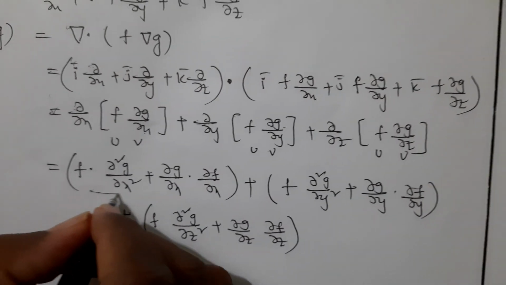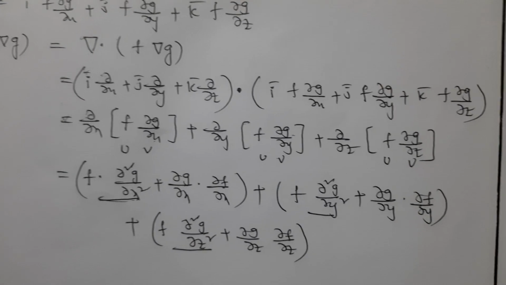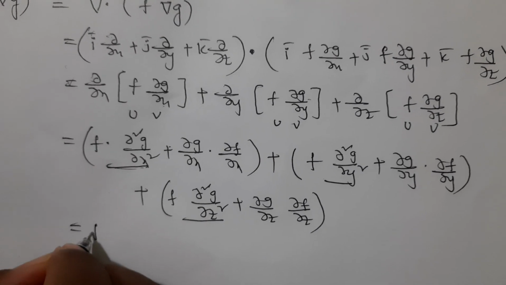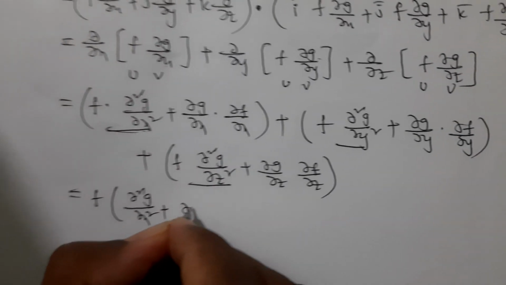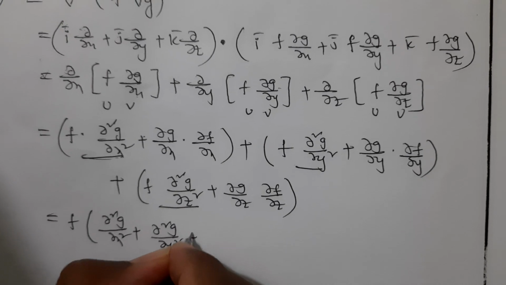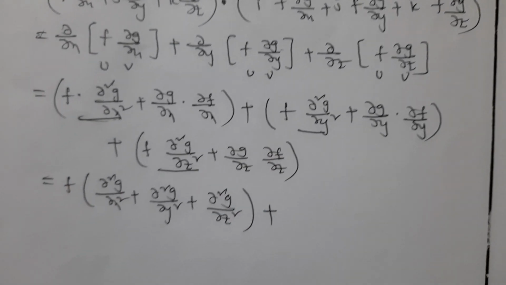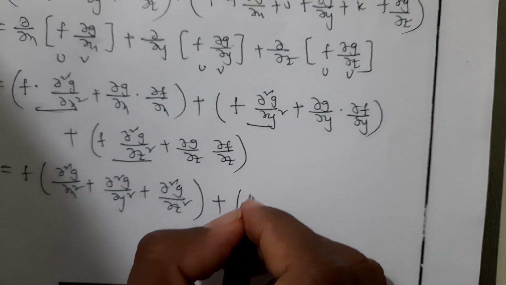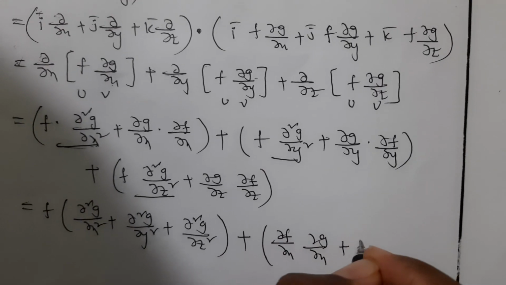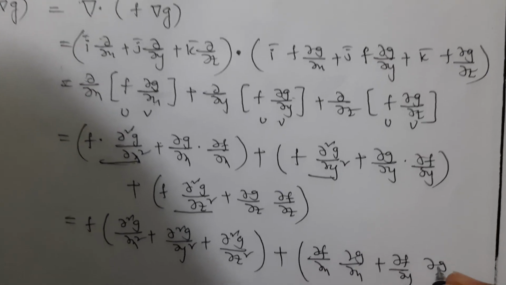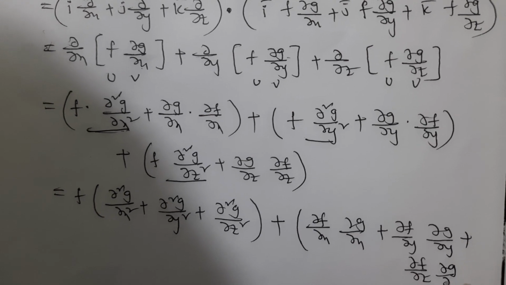Here f into dou square g by dou x square, f into dou square g by dou y square, next f into dou square g by dou z square. In this, f is common, so we can write dou square g by dou x square plus dou square g by dou y square plus dou square g by dou z square, plus the remaining terms: dou f by dou x into dou g by dou x plus dou f by dou y into dou g by dou y plus dou f by dou z into dou g by dou z.